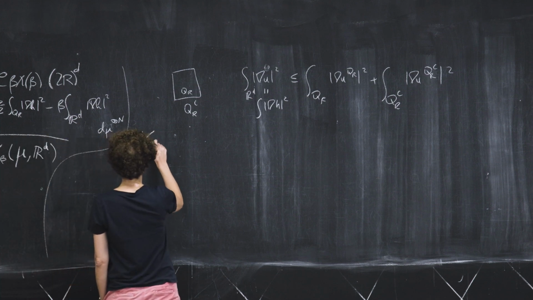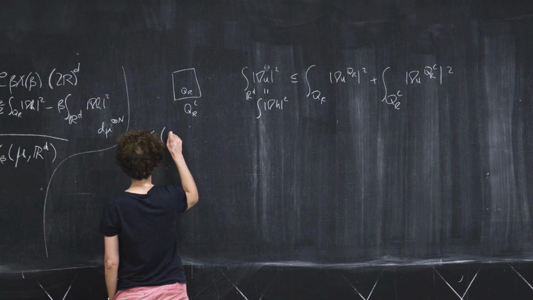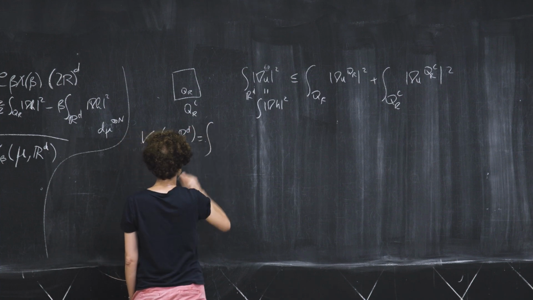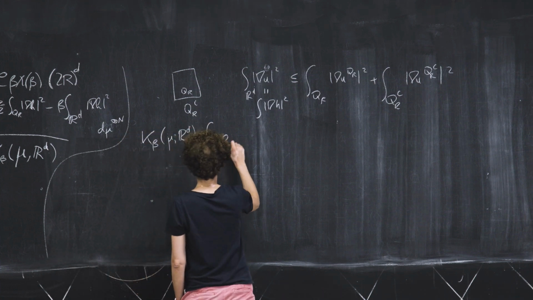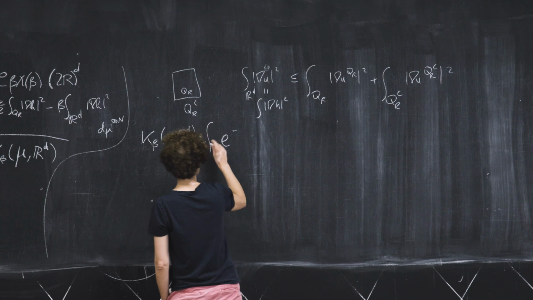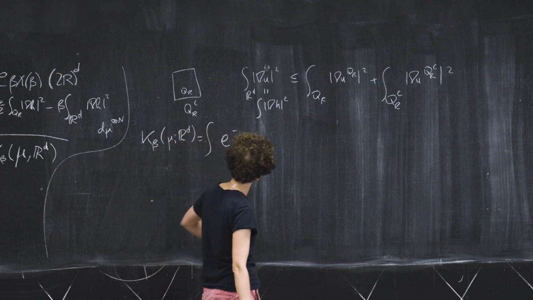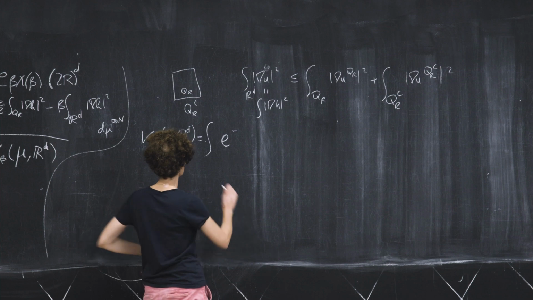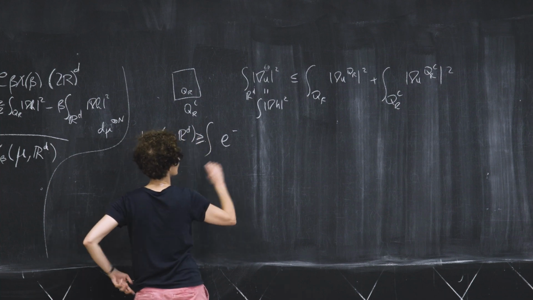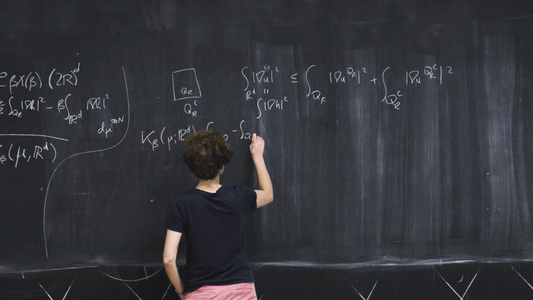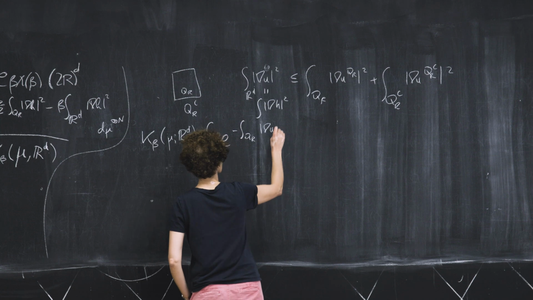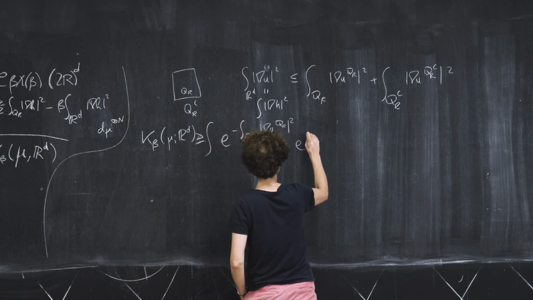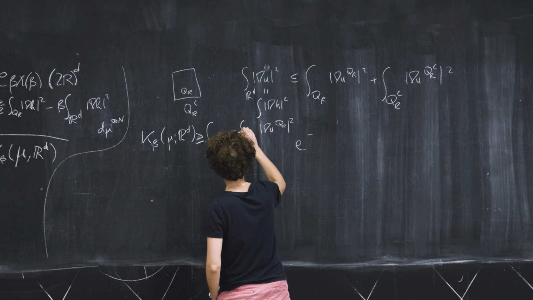I can write that k beta of mu in R^d, which is this integral, is going to be larger, so I'm going to bound this thing from above, so this thing is going to be bounded from below, than the sum of these two things. And there's a beta.